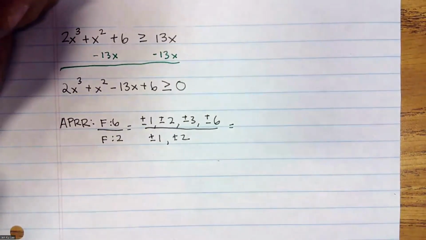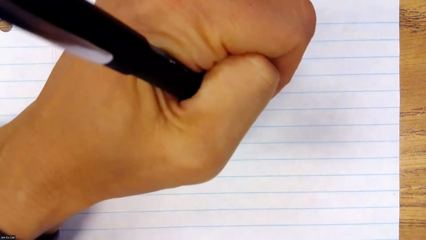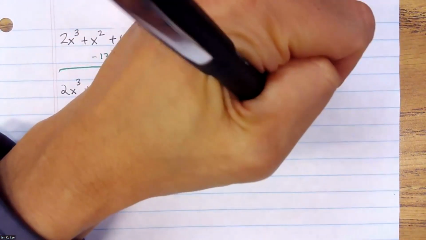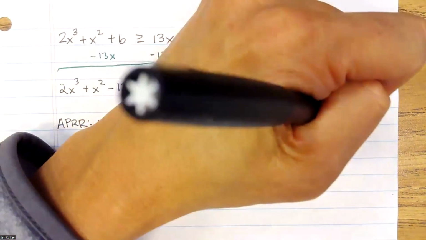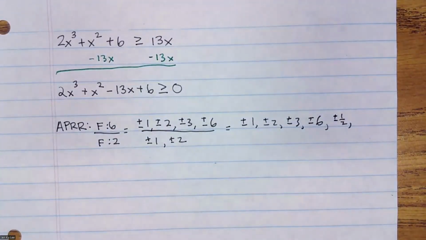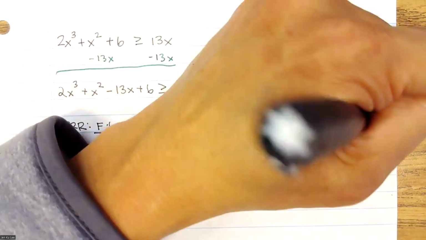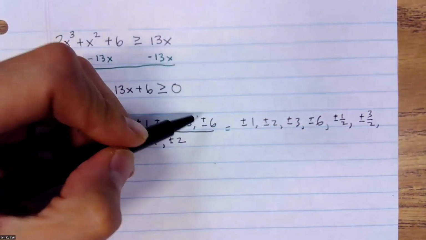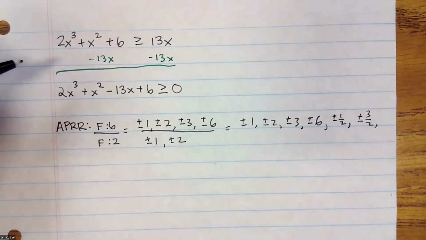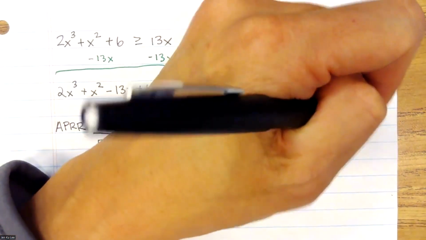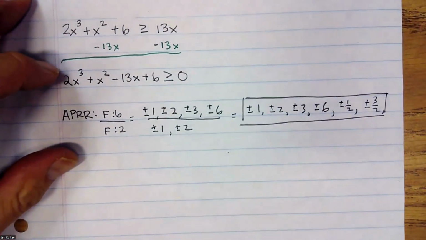So my list would be plus or minus 1, 2, 3, or 6, and then 1 divided by 2 is plus or minus 1/2. 2 divided by 2 is 1, which we got here. 3 divided by 2 would be plus or minus 3/2. And then 6 divided by 2 would be 3, which we got here. So these numbers here are my all possible rational roots.